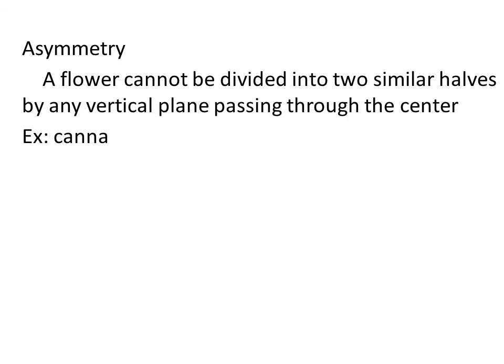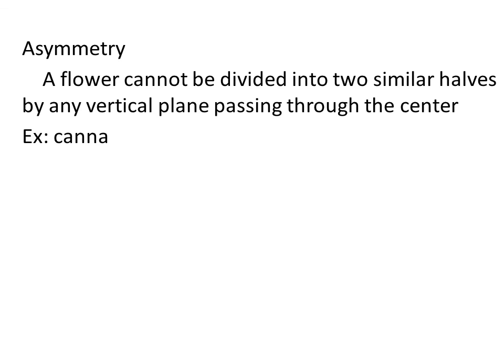It is not possible to divide the flower into two similar halves through any plane passing through the center. Such a kind of symmetry is called asymmetry. Asymmetry is nothing but absence of symmetry. It is not possible to divide the floral parts into two equal halves by any vertical plane passing through the center. Clear? The best example of such a flower is the canna flower.